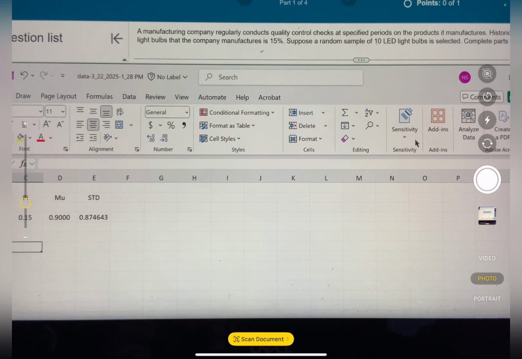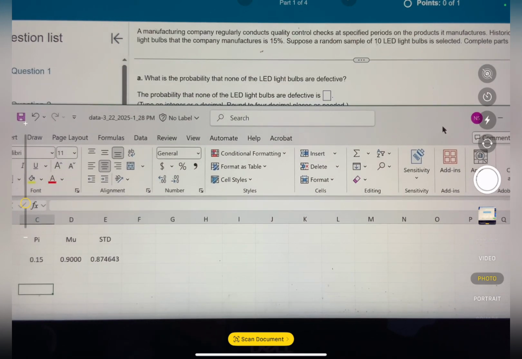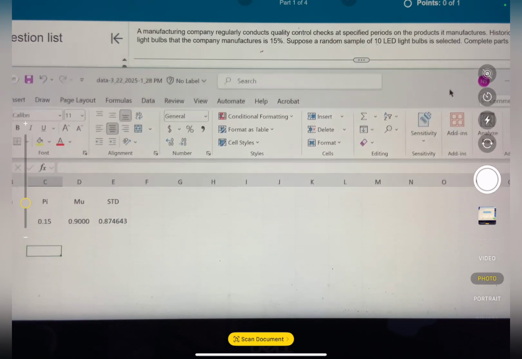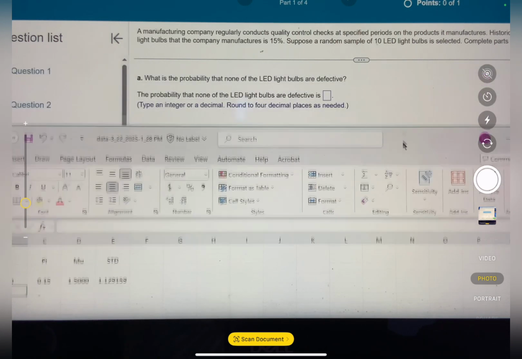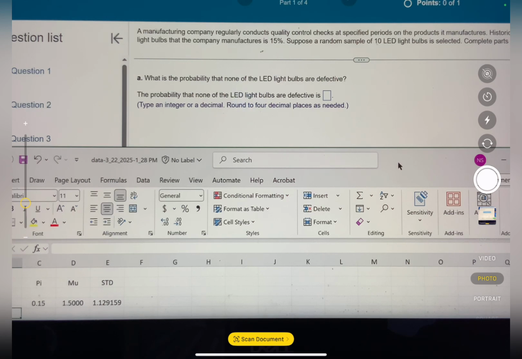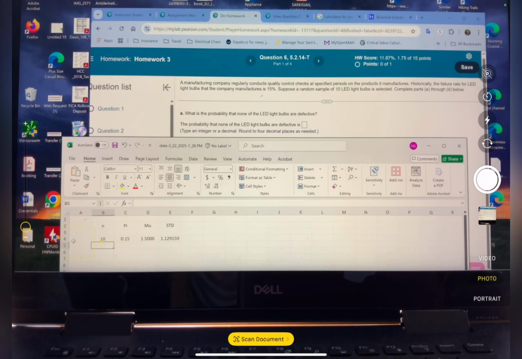Okay, and total amount, what was that? 10. Sample of 10. Total is going to be 10. Writing right here. All right. Let's see. What's the probability that none of the light bulbs is defective? In that case, we are going to use again our calculator here.